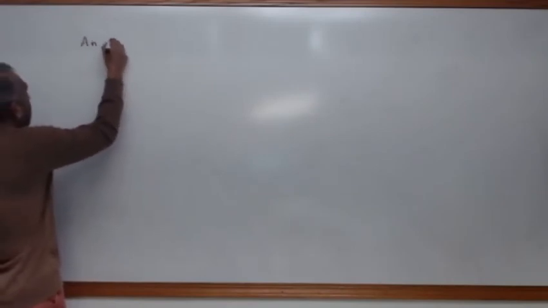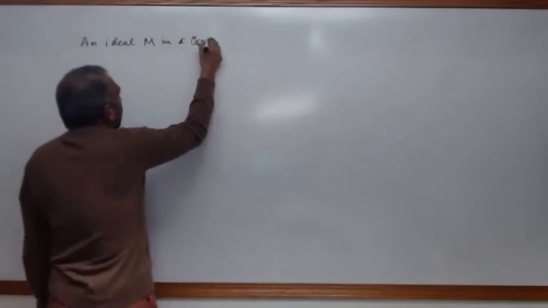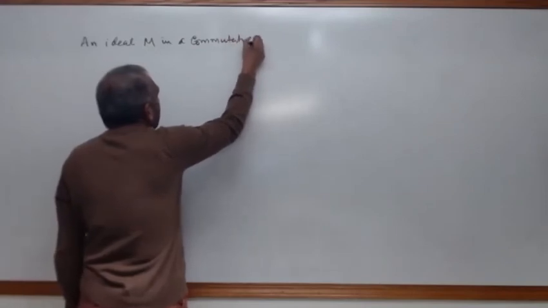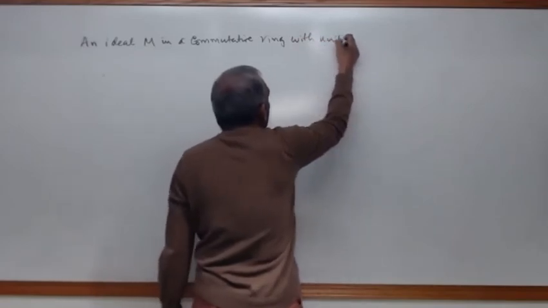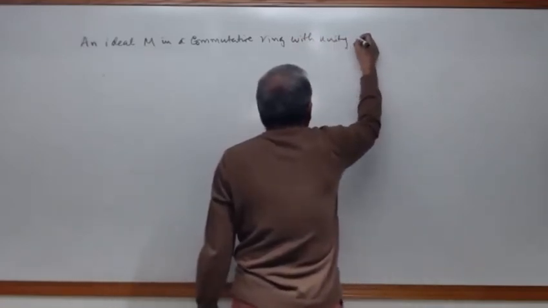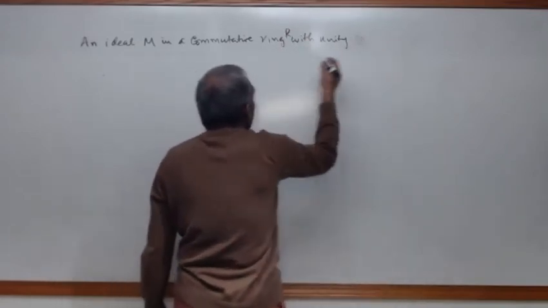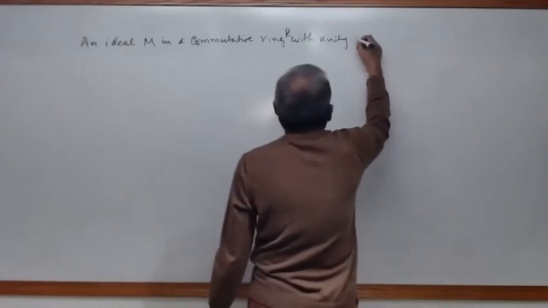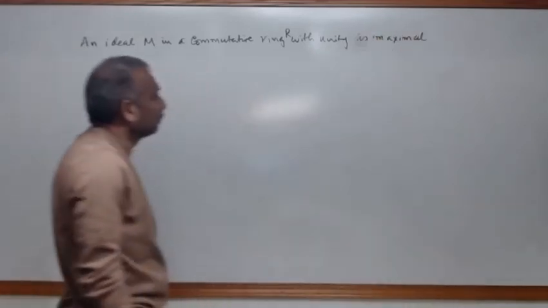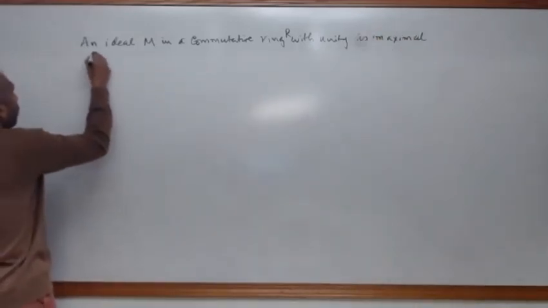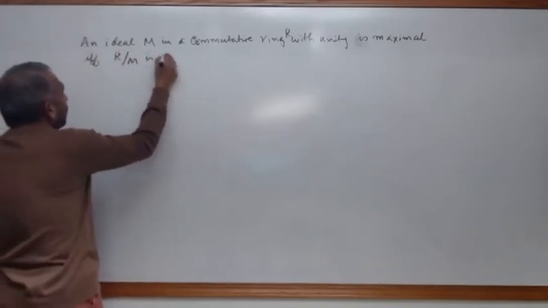An ideal M in a commutative ring R with unity is maximal if and only if R by M is a field.